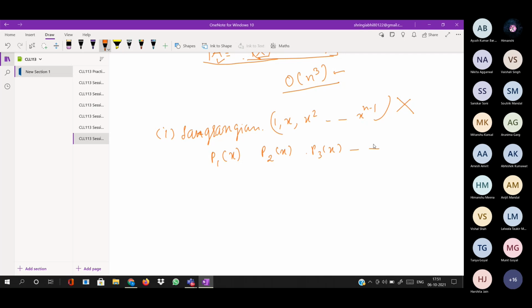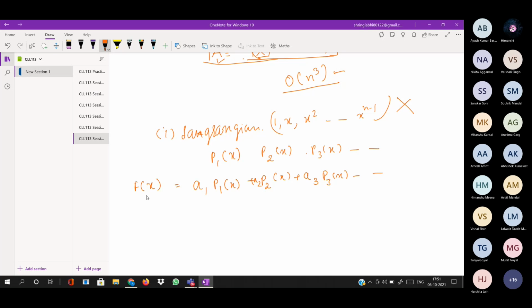So we can write it as some coefficient times p1x, plus some coefficient times p2x, plus some coefficient times p3x, and so on, or whatever our desired function is.